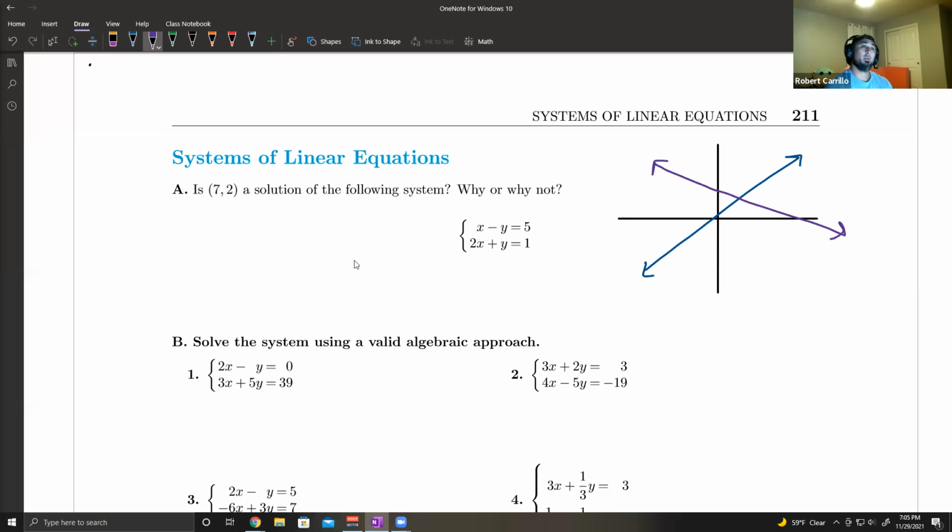Right now we have two linear equations, and if they intersect, their solution is unique because the point where they intersect is a solution to both equations. If two lines intersect, we say that the system is consistent, meaning the system has a unique solution.